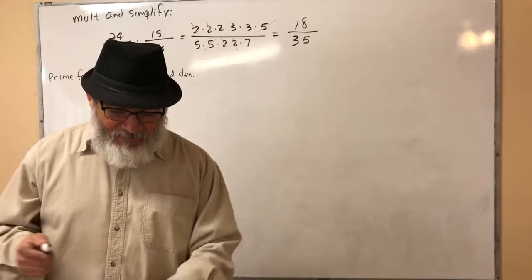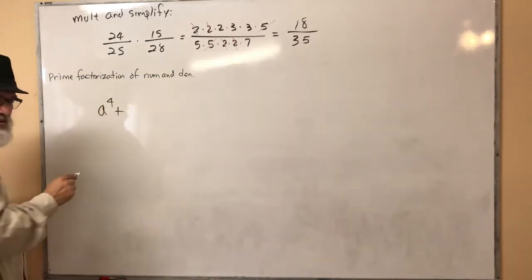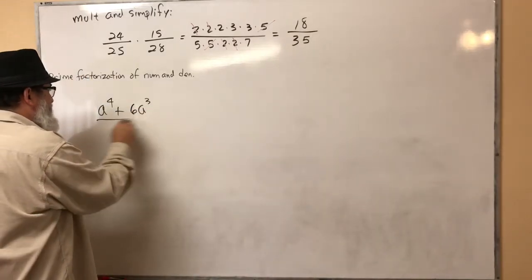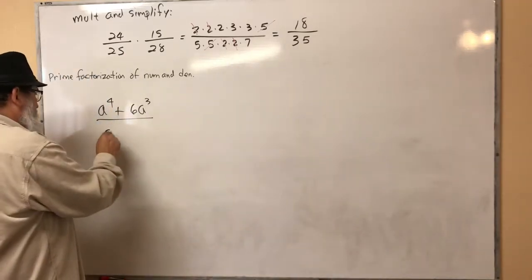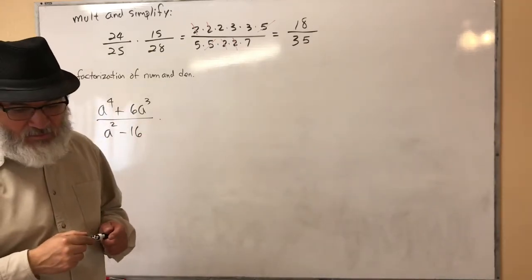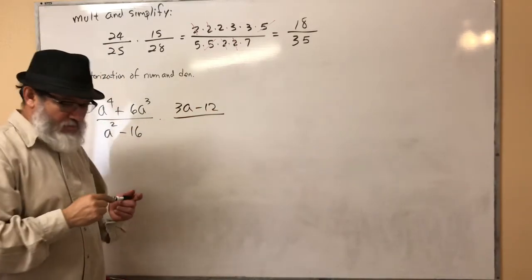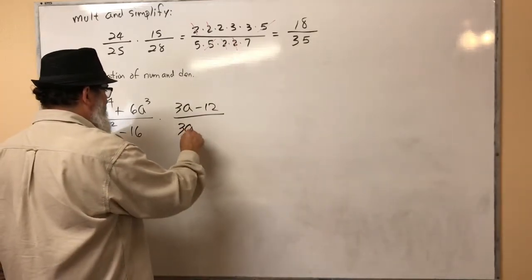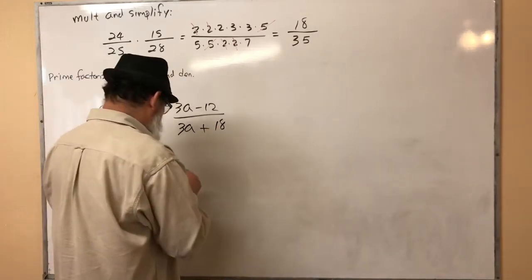Look at this one. a to the 4th plus 6a cubed, divided by a squared minus 16, times 3a minus 12, divided by 3a plus 18. Okay?